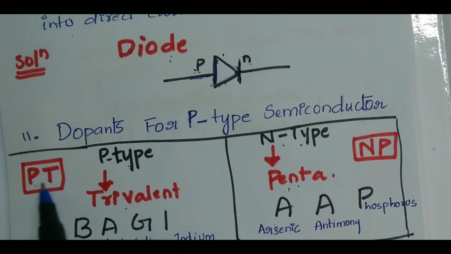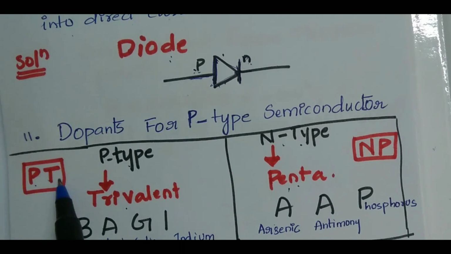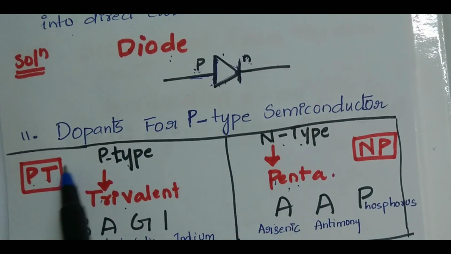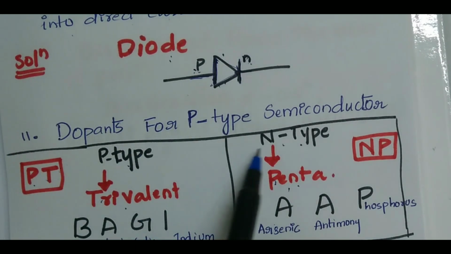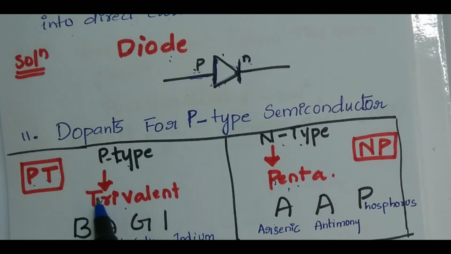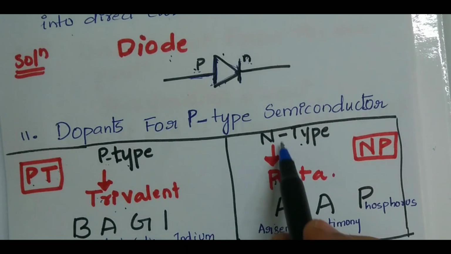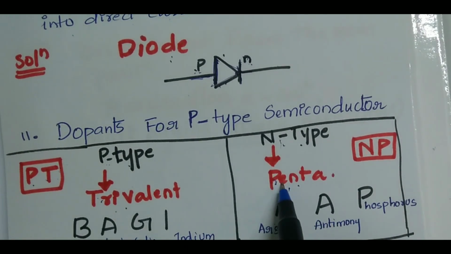We say PT teachers, right? Physical education teachers. So remember PT: P means trivalent, N means pentavalent. If you remember one, the other is vice versa. P-type semiconductor is doped with trivalent and N-type semiconductor is doped with pentavalent.